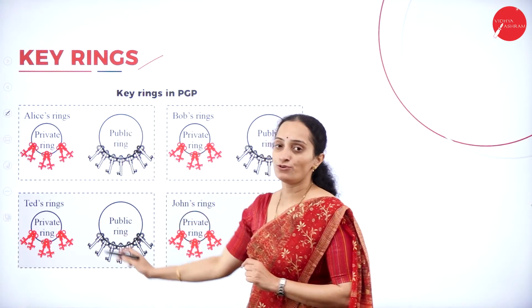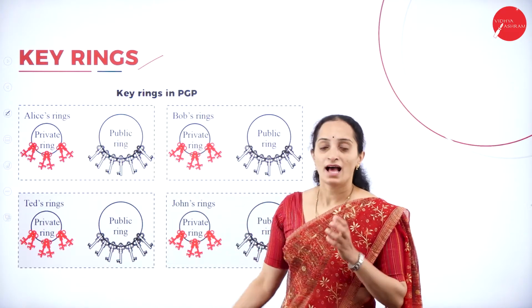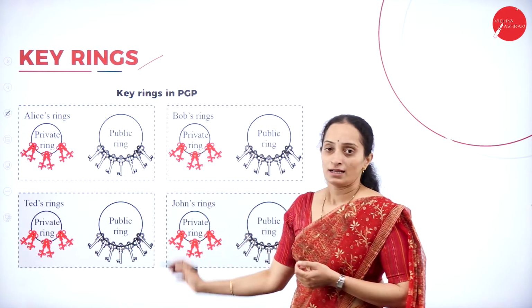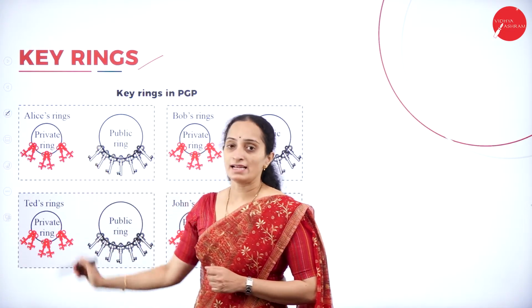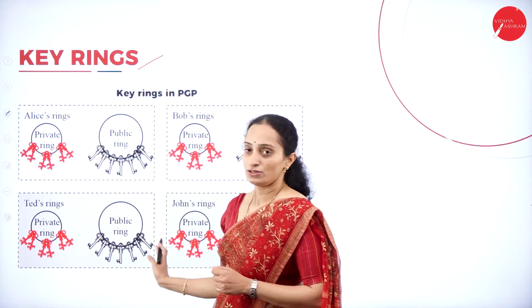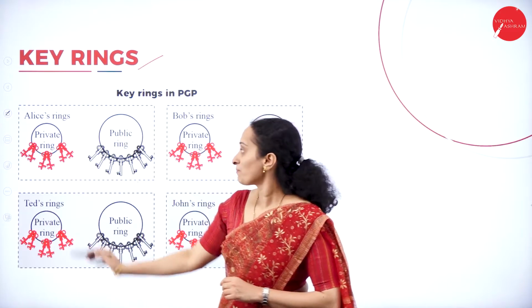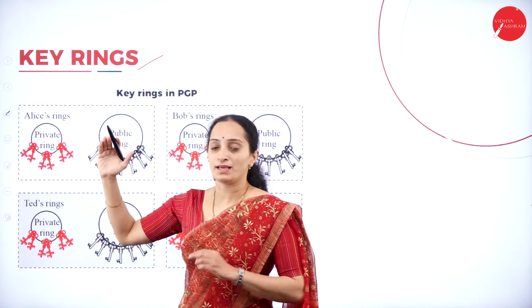Here you can view the diagrams of four systems having different key rings. So here we have Alice's rings. Each user of the system uses two rings. One is a ring having a pair of private and public keys.